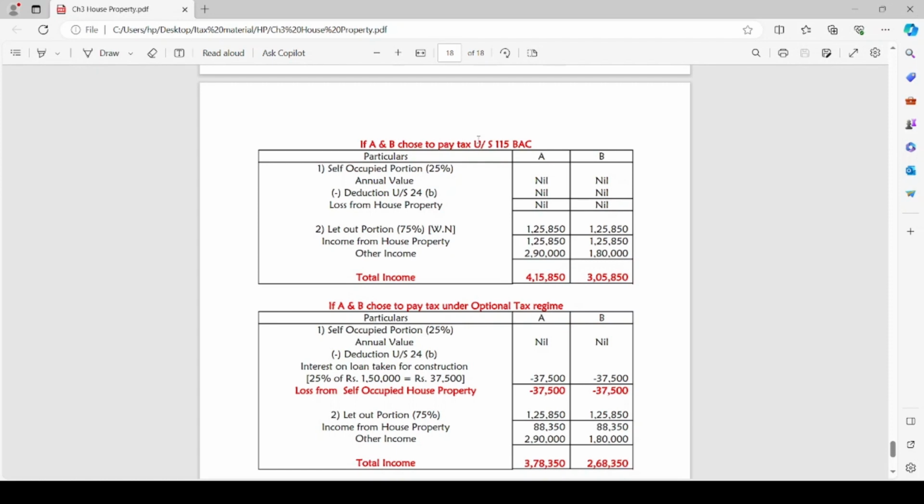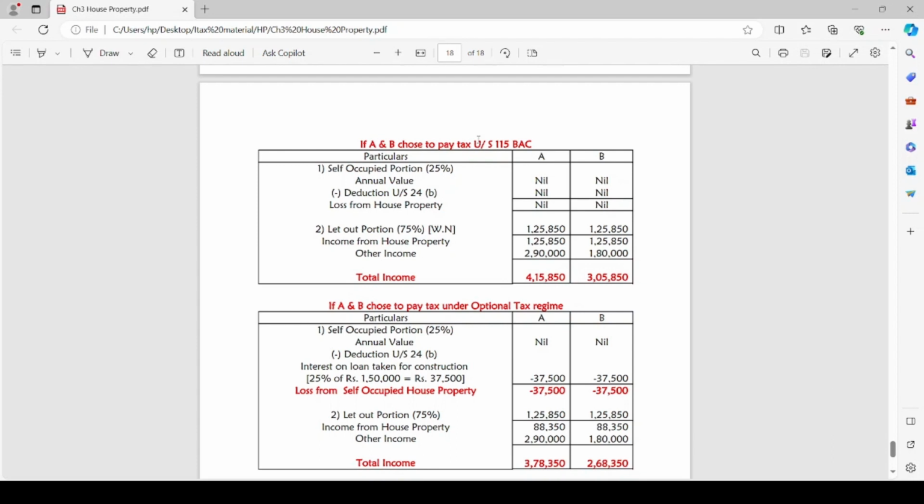Of that, we cannot claim standard deduction at the rate of 30%. Under section 24B, we cannot claim the deduction for interest on borrowed capital. So, we neither get any loss nor any income from the self-occupied property.